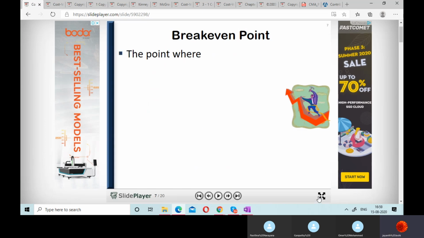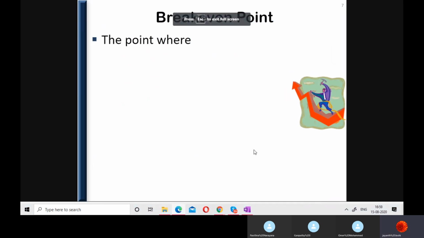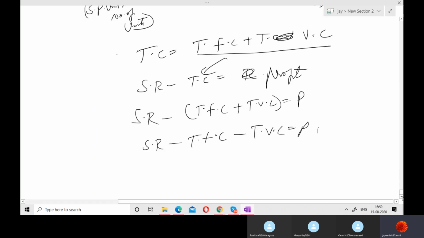Now we are coming into the break-even point concept, and I've already explained it yesterday with a very good example. I am repeating that example because today we are into the topic and we are already into the flow. So break-even point is a point where profit and loss are the same.